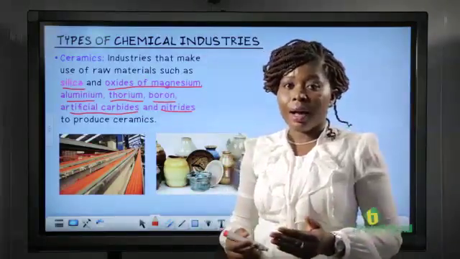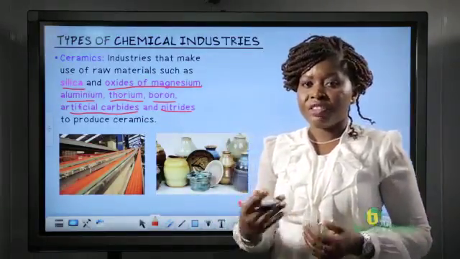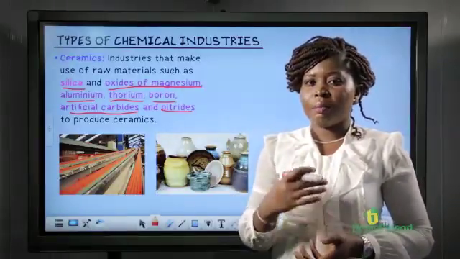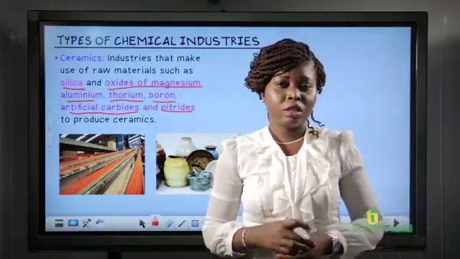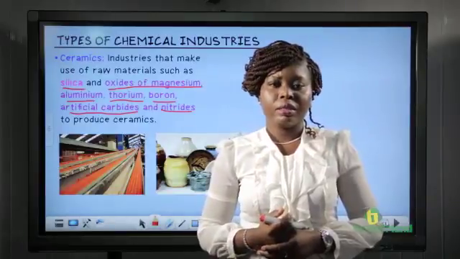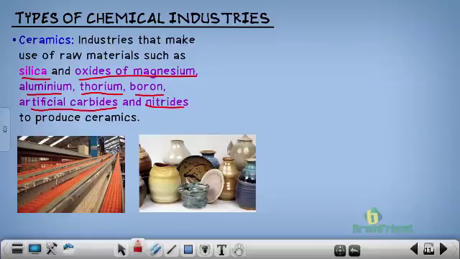When these elements are mixed together uniformly and are made to undergo heating to a certain degree, then they can be used to produce ceramics. Examples of products that are made from ceramics are flower vases and other kitchen items. Also, ceramic products are seen in our water closets, our bathtubs, and our sinks. They are all made from ceramics.